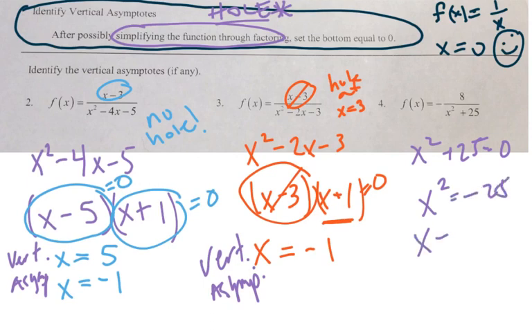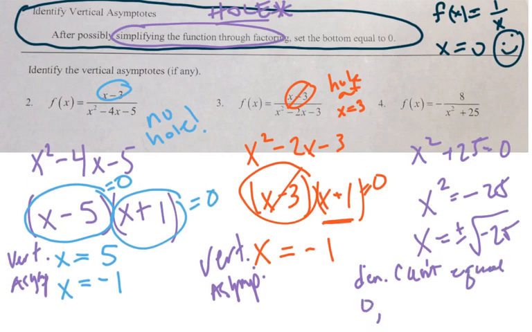So x equals plus or minus the square root of -25, which is an imaginary number, which means that this can never actually equal 0. So the denominator can't equal 0. So no vertical asymptote.